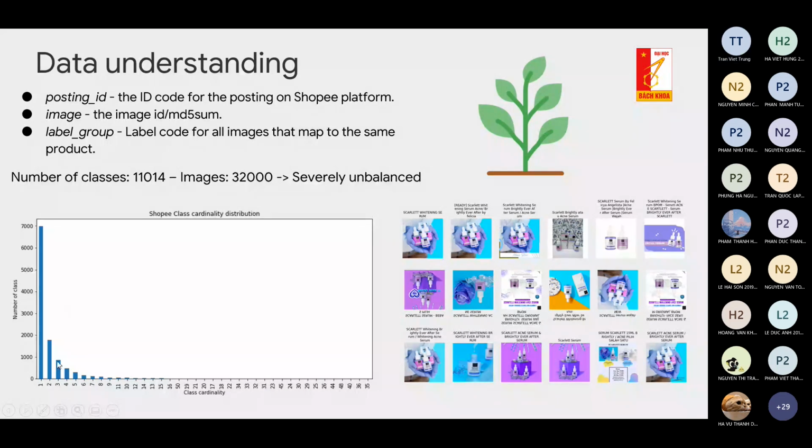There are approximately 7,000 classes that have only one or two images, and all the rest have many more images, so more than half of the classes lack training data.